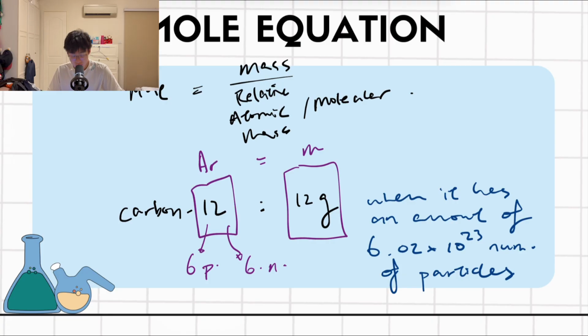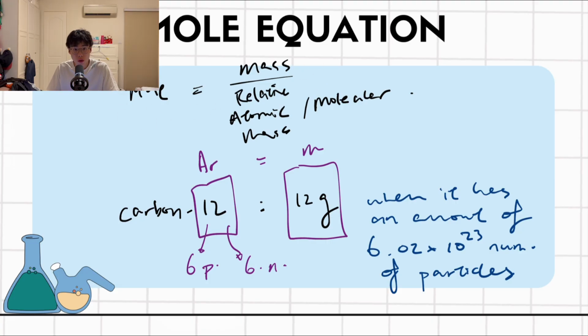Because measuring the mass of a substance is relatively easy, we just put it on a balance in a laboratory and we get a value. And if we know the relative atomic mass of the substance, then we're able to get the number of moles of a substance by using the mole equation.